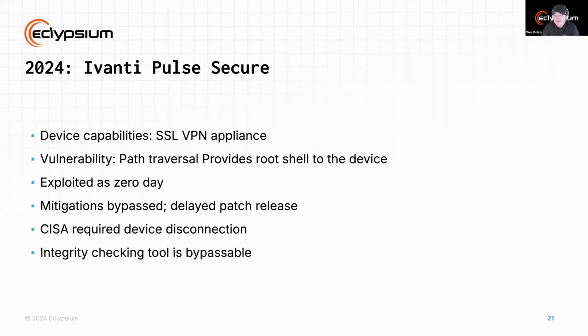So it was one of those scenarios where really easy to exploit vulnerability that was exploited for a long time because of a delayed patch release, had major implications, and the tool that was provided to validate the integrity of it was also easily bypassed.